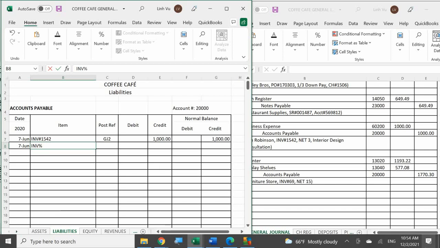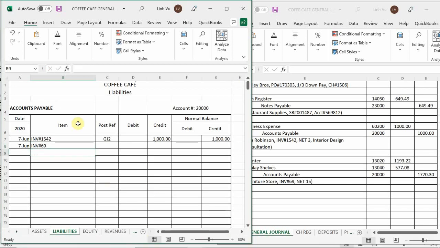I just put in my invoice number, which is invoice number 69, Journal number 2. And I increased my liability by $1,770.30, which is where the formula is going to be different, because in this case, we are working with credits instead of debits.